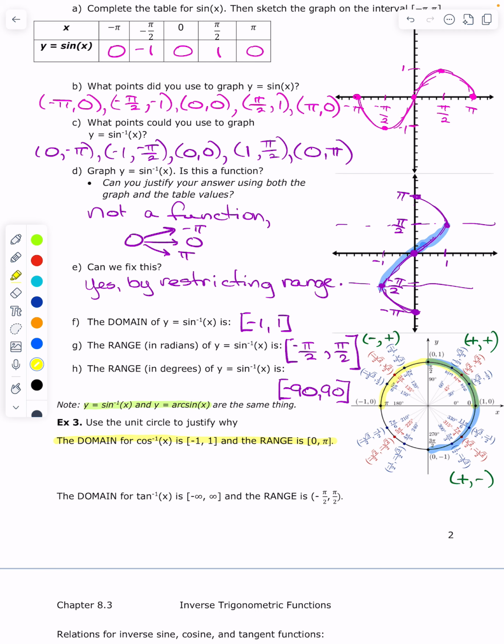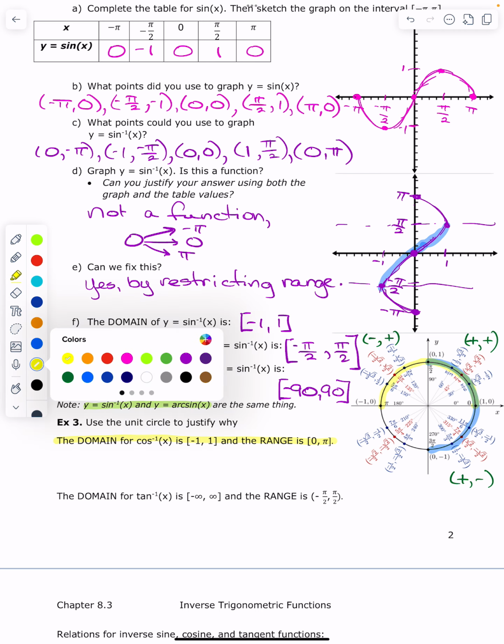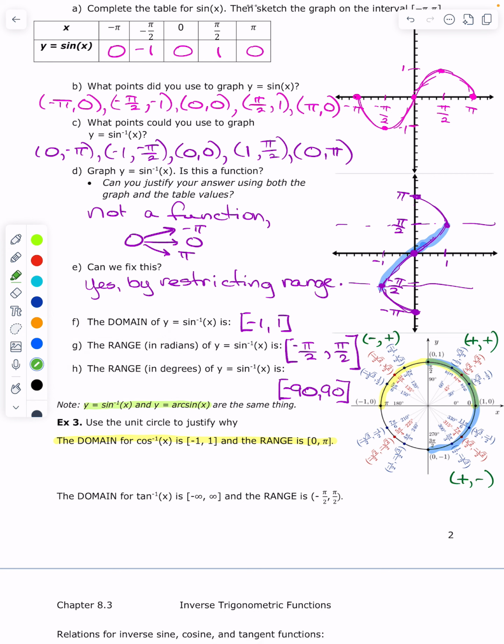When we talk about tangent, tangent is going to follow the sine. Let's go with a green here. My tangent is going to be positive in quadrant 1 and negative in quadrant 4.